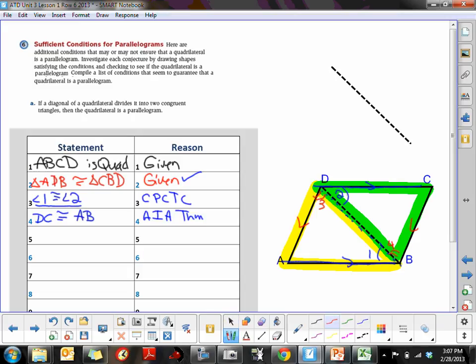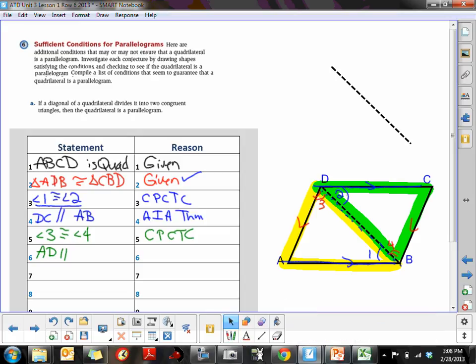We're going to use the same reasoning and say that angle 3 had to be congruent to angle 4 because they were also corresponding parts of congruent triangles. But if those angles are congruent, that forces the lines AD to be parallel to, I looked up here at statement 4 and I can see an error that I made in recording that. I wasn't trying to make them congruent, I was trying to make them parallel. So let me fix that.